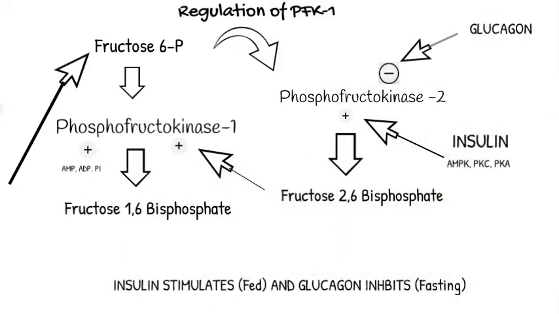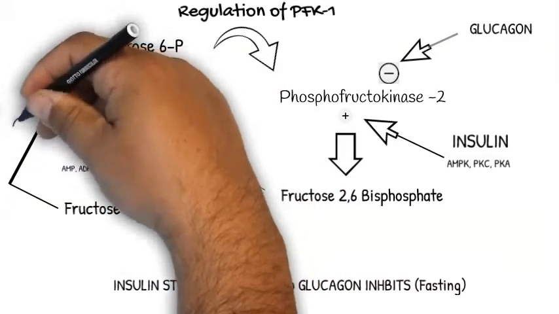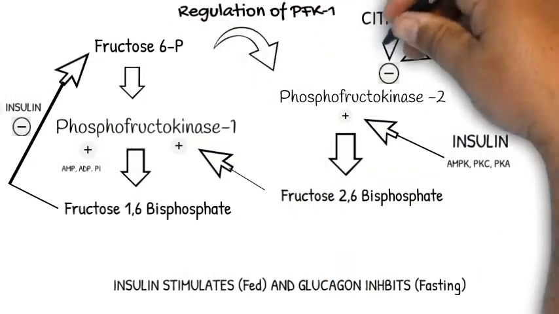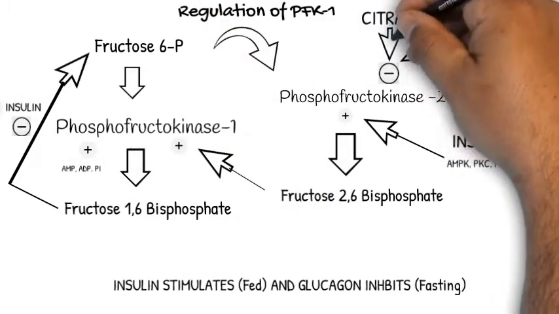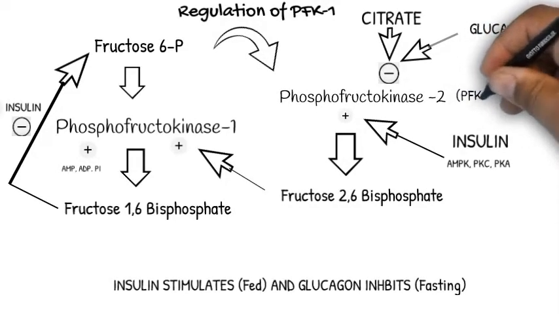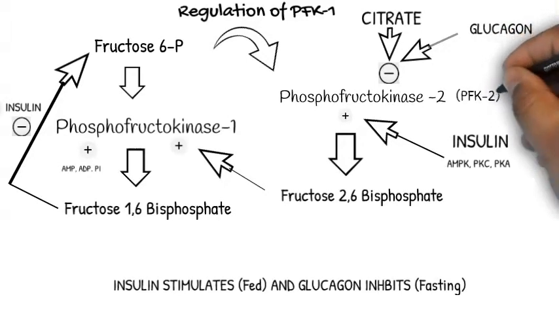Glucagon, on the other hand, has an inhibitory effect on phosphofructokinase 2, PFK2, and therefore less fructose 2,6-bisphosphate is formed, therefore less activation of phosphofructokinase 1, PFK1. That's, of course, because glucagon wants to keep the glucose levels elevated, whereas insulin wants to promote the metabolism of glucose.